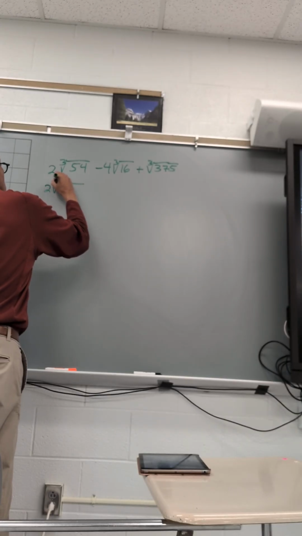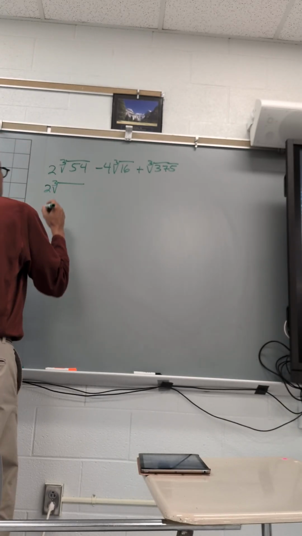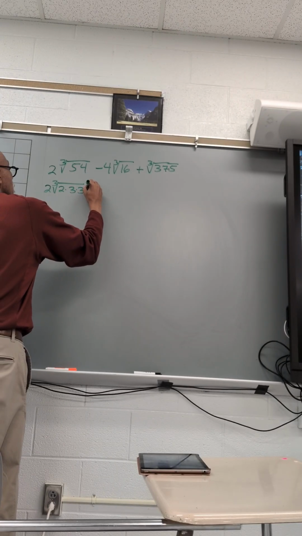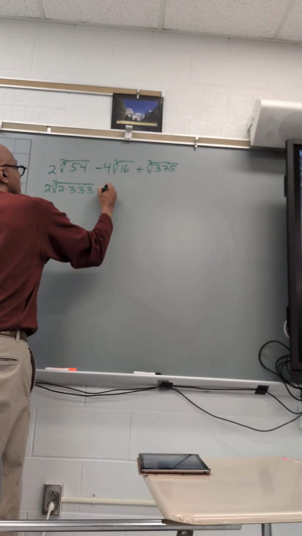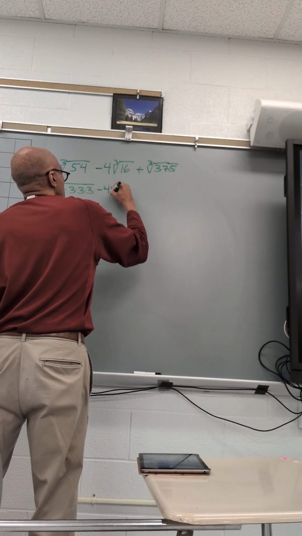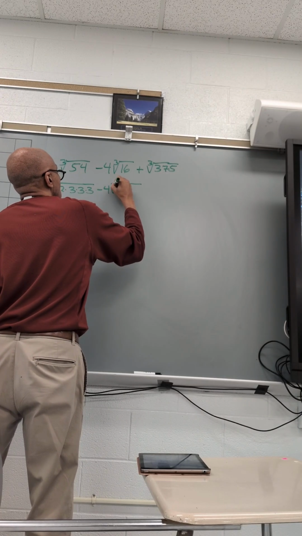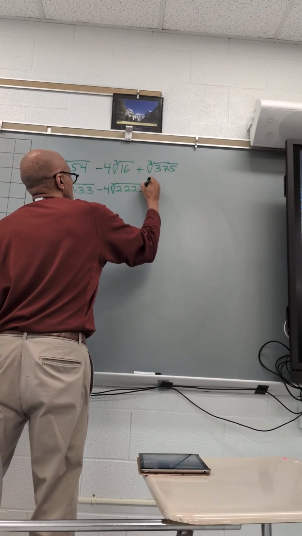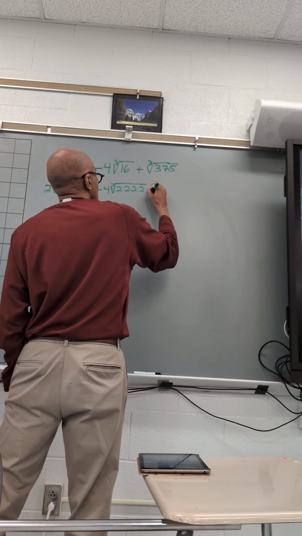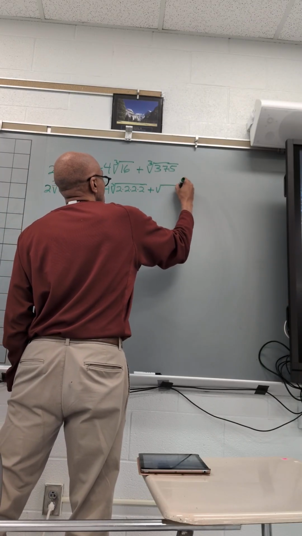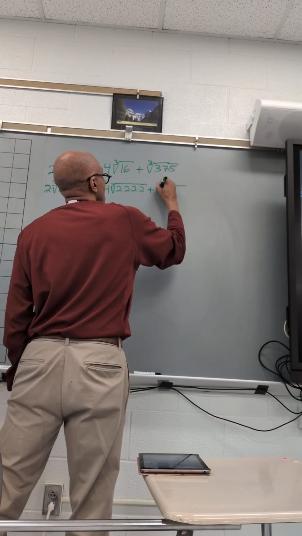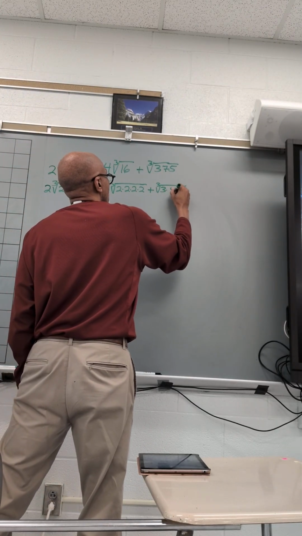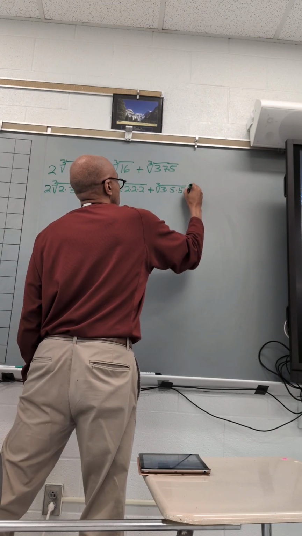Cube root of 54 will end up being 2 times 3 times 3 times 3, minus 4 cube root of 2 times 2 times 2 times 2, and plus cube root of, double check, 3 times 5 times 5 times 5.